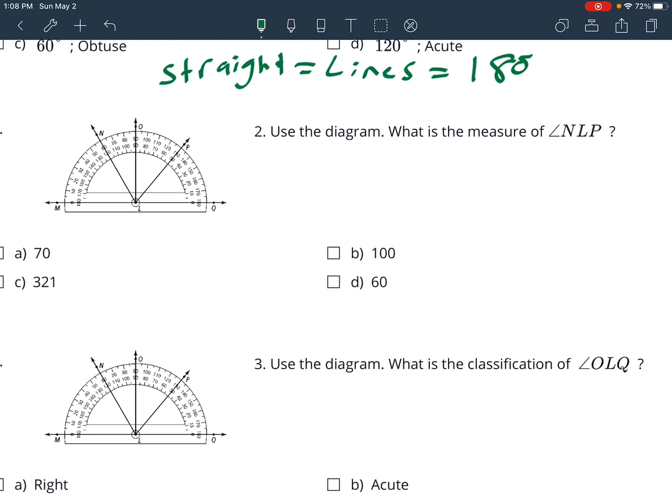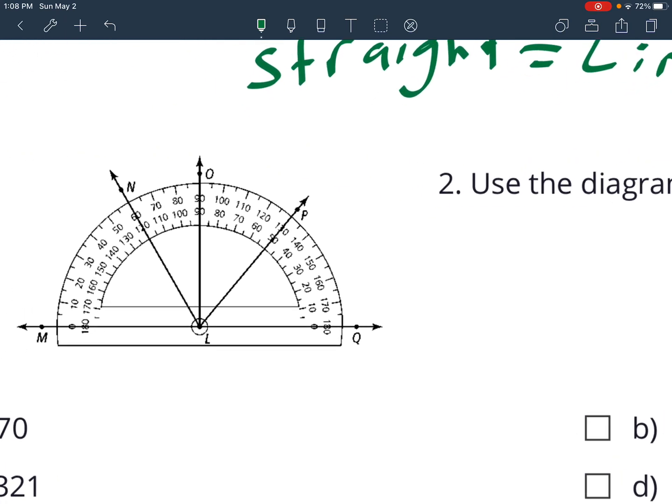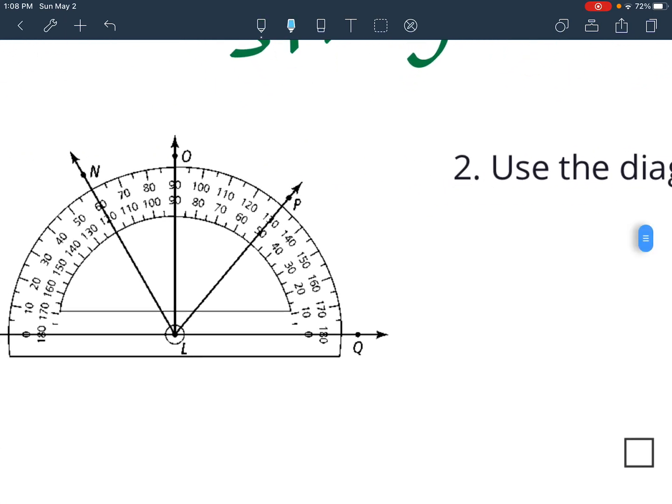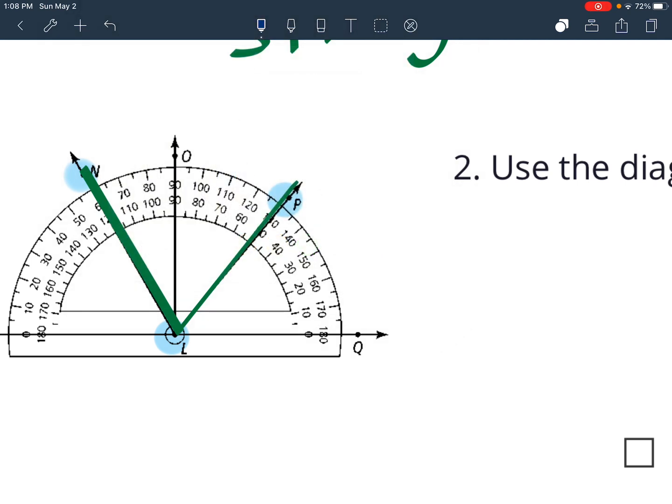All right, number 2. What is the measure of angle NLP? NLP. Remember I told you that one of these has started at 0, right?